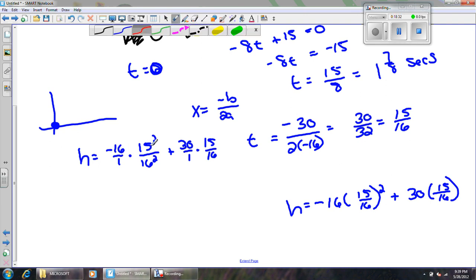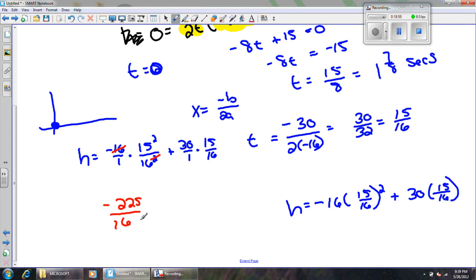All right, so now you see these? That can cancel with that. And so what I'm going to have is 225 over 16. Now over here I can do some simplifying. Actually, I don't think I want to simplify because I like that common denominator 16.